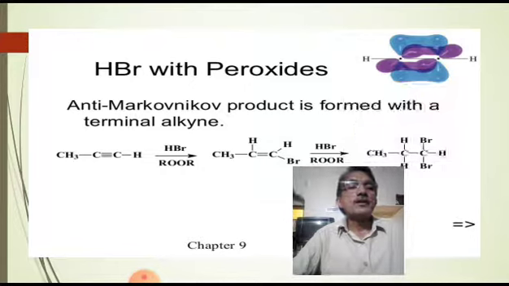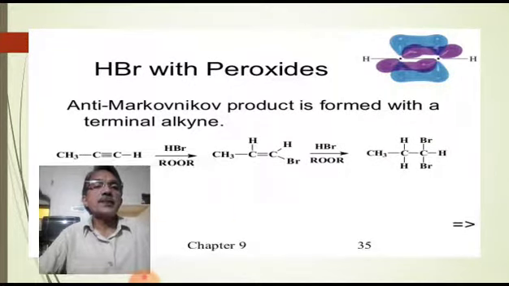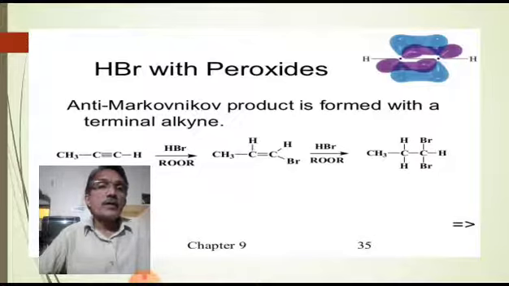HBr with peroxide. In the presence of peroxides, the anti-Markovnikov product will be formed with a terminal alkyne. Propyne is a terminal alkyne.